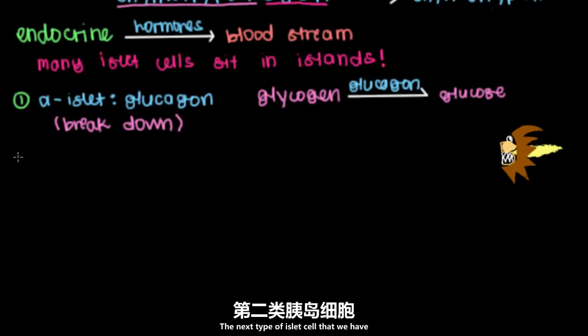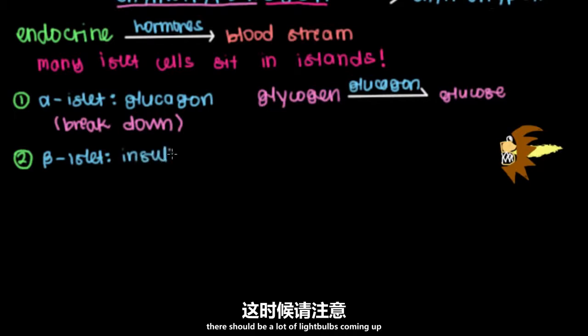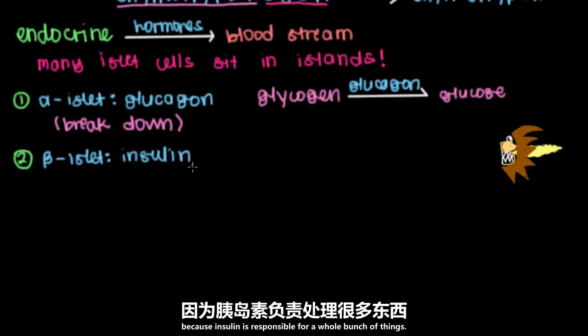The next type of islet cell that we have, and perhaps the most famous of them all, are our beta islet cells. So our beta islet cells house and release insulin. Now, when you hear insulin, there should be a lot of light bulbs coming up, because insulin is responsible for a whole bunch of things.